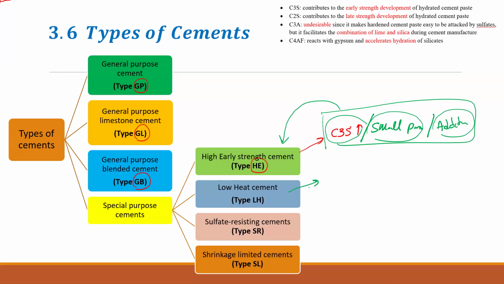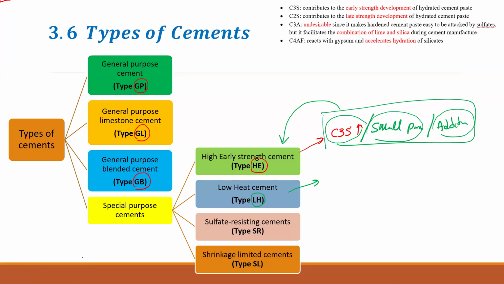So you also can have low heat cement. In some situations, I told you we need to control the heat generation. So in that kind of situation, we use this cement, LH.